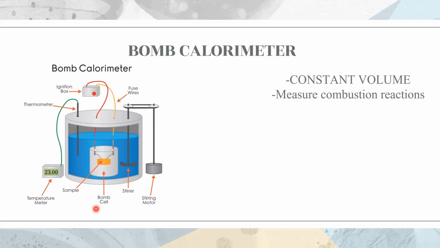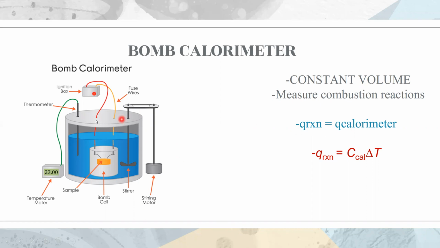And we now have a temperature change that we can convert into an amount of heat. In this case, the heat produced by our reaction would be equal to the heat gained by our calorimeter.